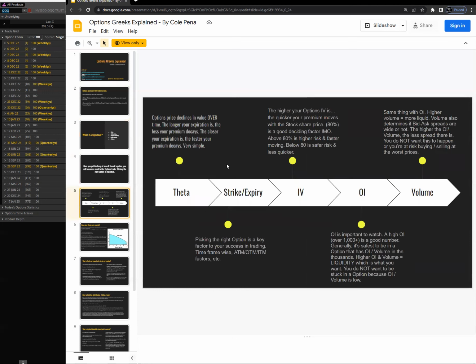Here we go. We have a left to right order right here. This is a little bit of a summary of what each one means. So theta: an option's price declines in value over time. The longer your expiration is, the less your premium decays. The closer your expiration is, the faster your premium decays. It's very simple. Everyone should know what theta means.